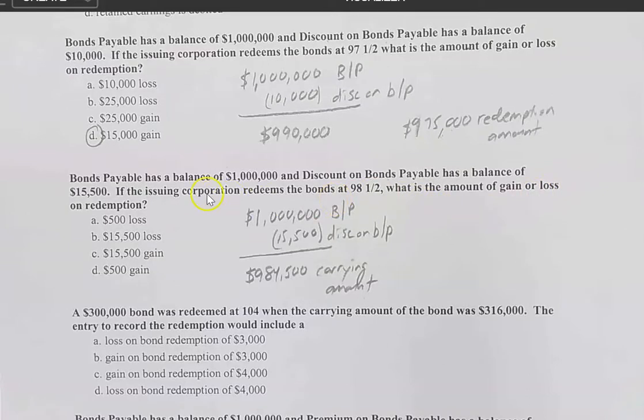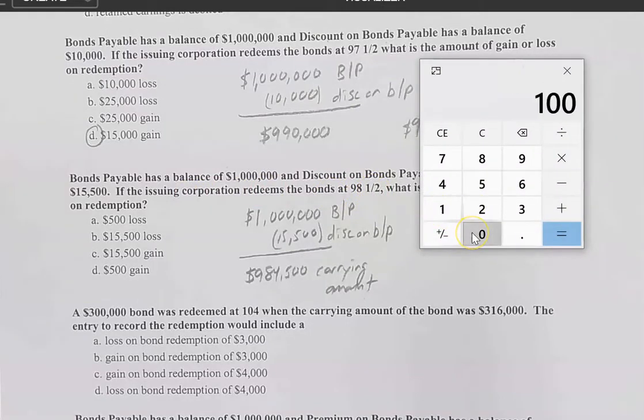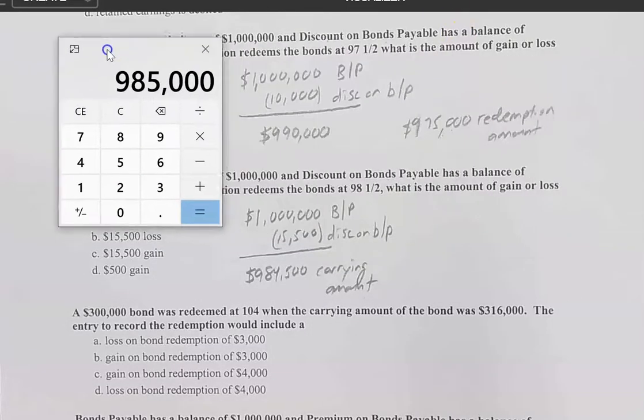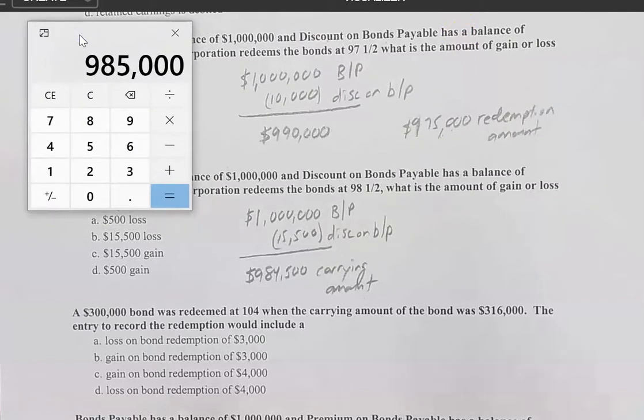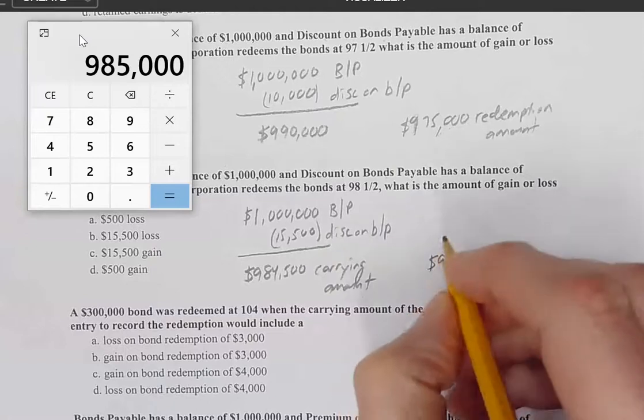It says here that they redeemed the bonds at 98.5. So we've got to go over here and take 1 million times 0.985, and that equals 985,000. Let's see here.